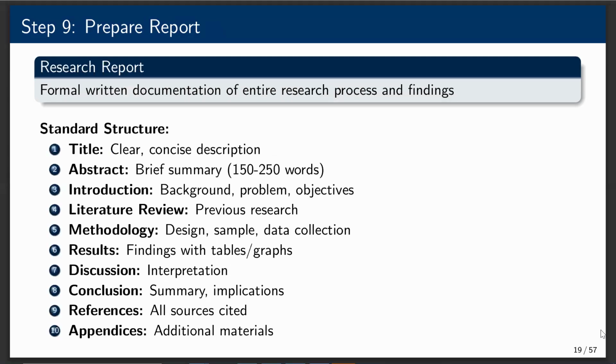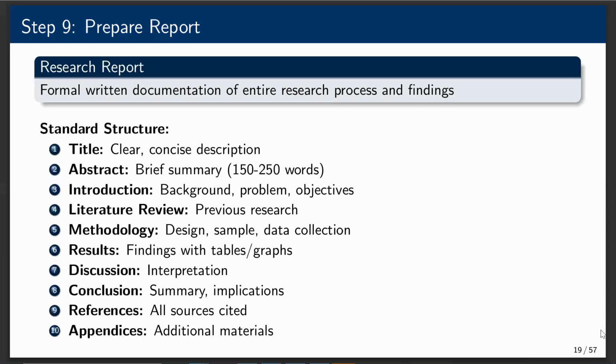Now step number 9, to prepare the report. The research report is a formal written documentation of the entire research process and findings. The standard structure is, your report should have a title with a clear, concise description. It should have an abstract, which is basically a brief summary of what you have done or accomplished.